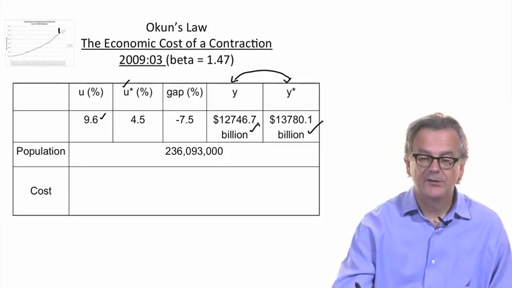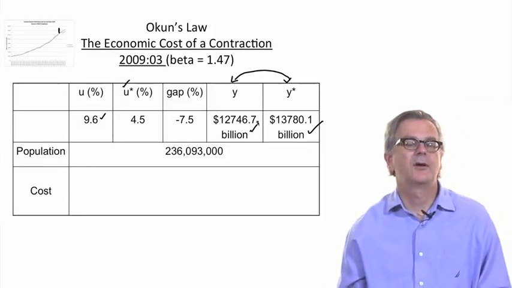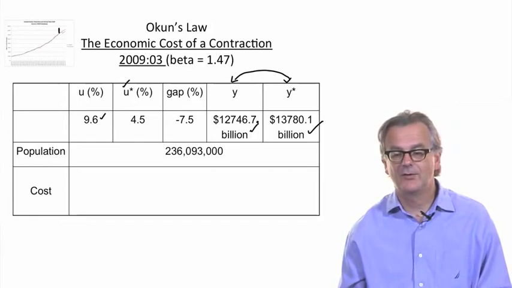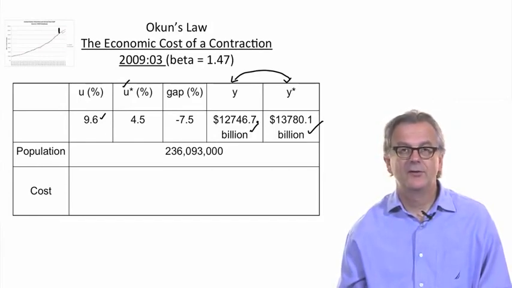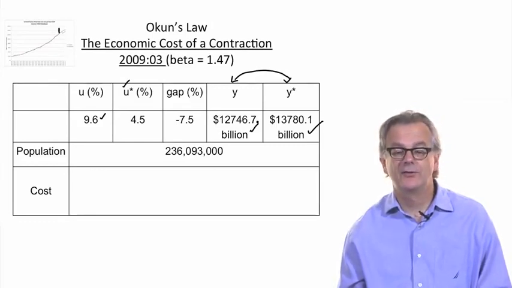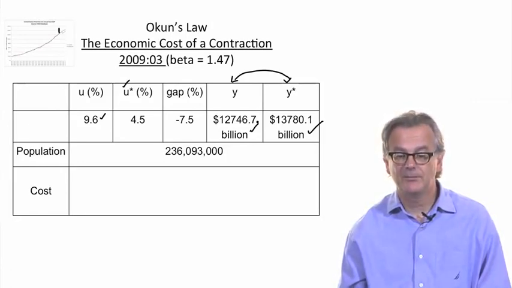Because there was a contractionary output gap, this is what the economy actually produced over those 3 months. So the difference between the two measures lost income. Now remember our discussion of gross domestic product. Gross domestic product measures not just production but also income. So the difference between actual GDP and potential GDP is lost income.